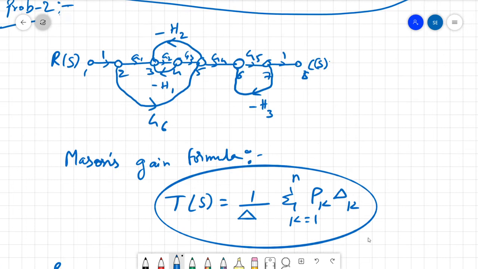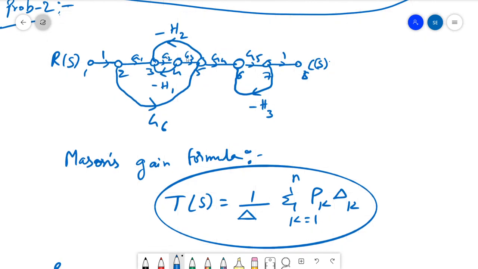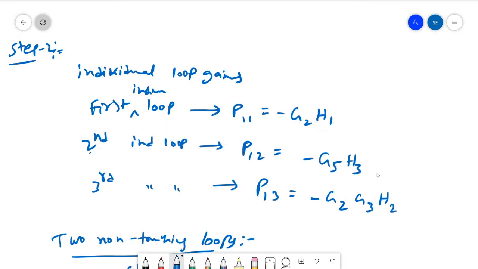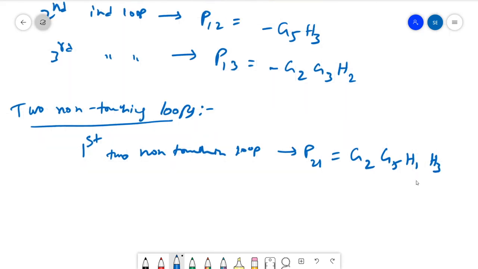The first loop gain is G2 H1, we'll take this loop here. G2 minus H1 into G5 minus H3. Minus minus get cancelled out. So G2 G5 H1 H3.